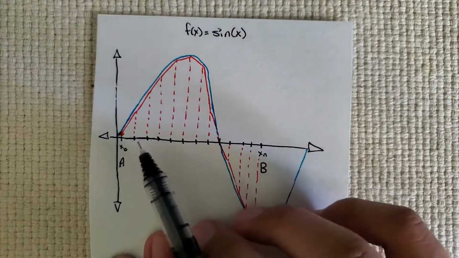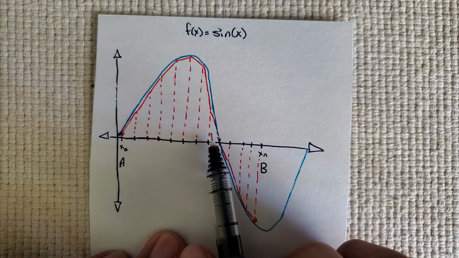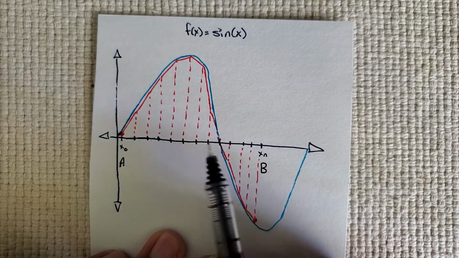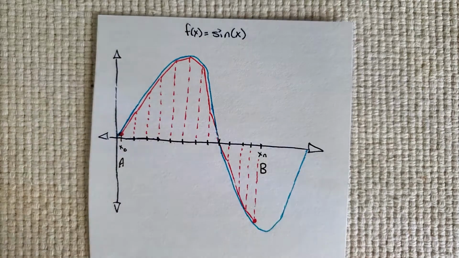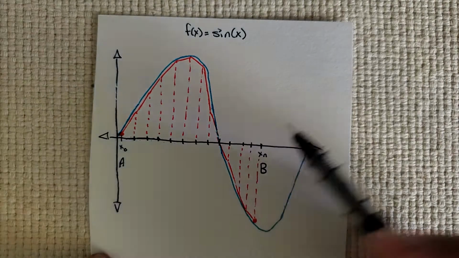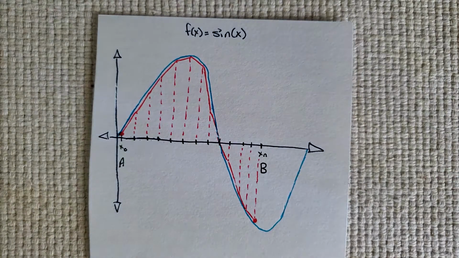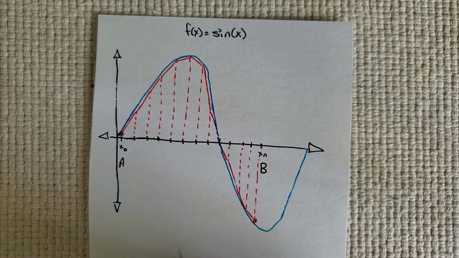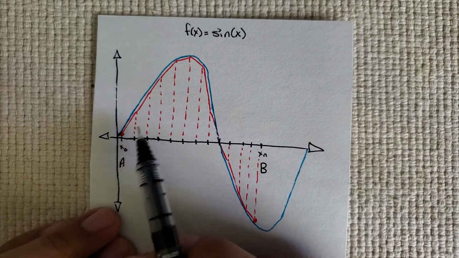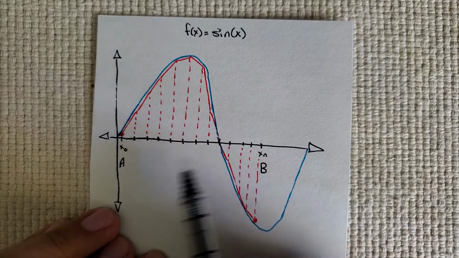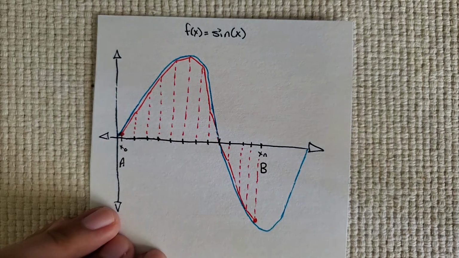And if we were to add up all the areas of these trapezoids under and above the curve, we would get closer to that value than using Riemann sums and those rectangles. And as you can see, we have split this graph up into various values, which we'll call n.